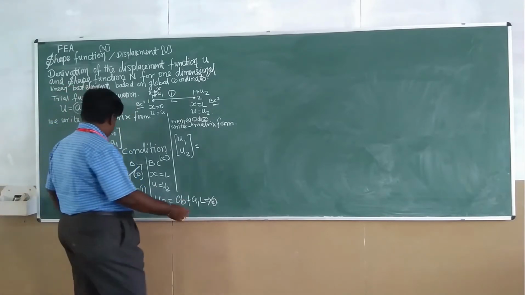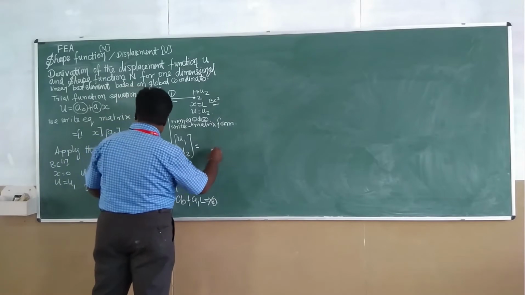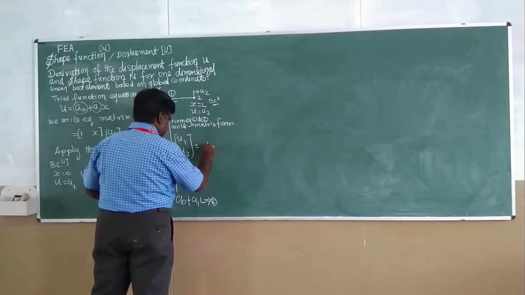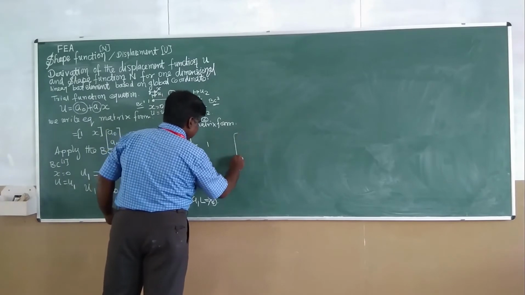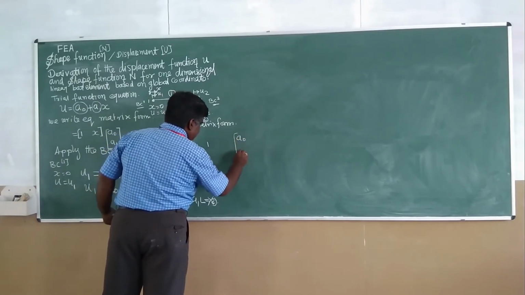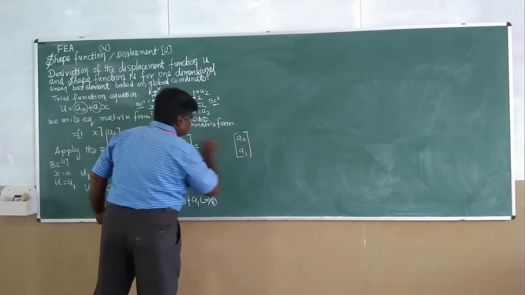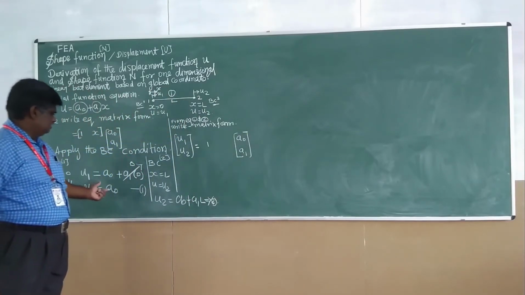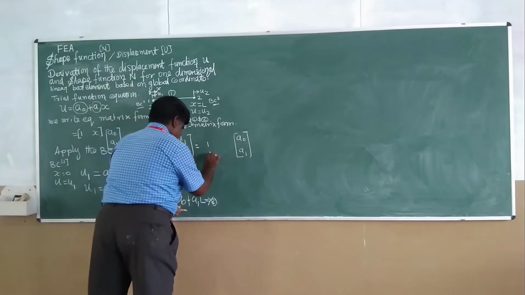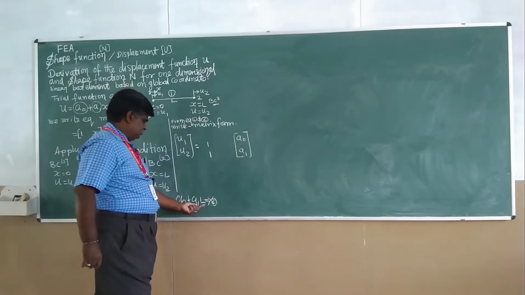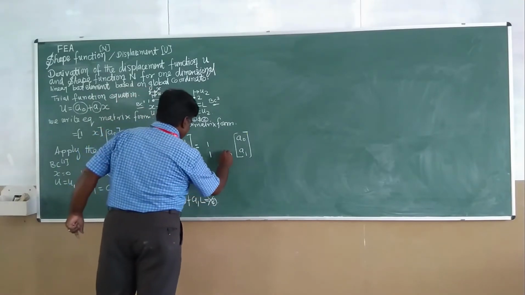So we can take a0 and a1 outside from these equations. From the second equation, 1 will appear, then the second one is n.